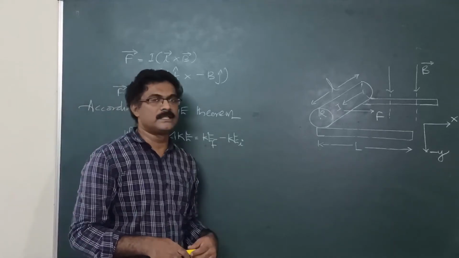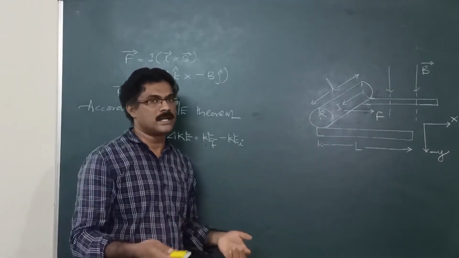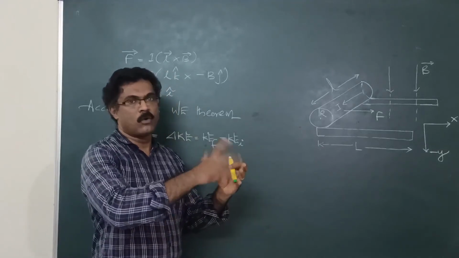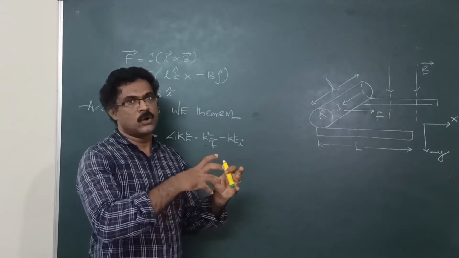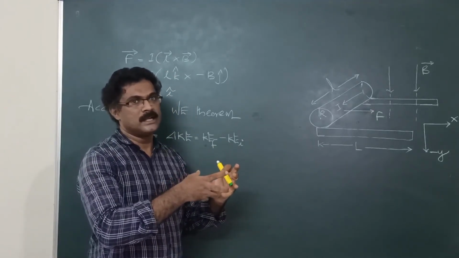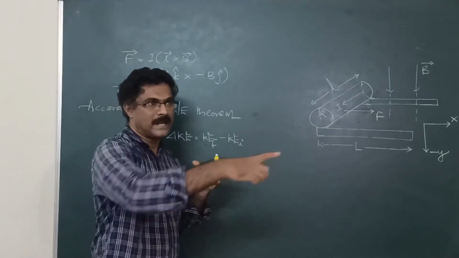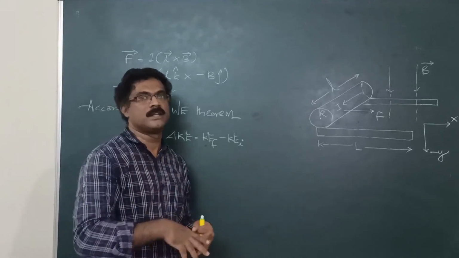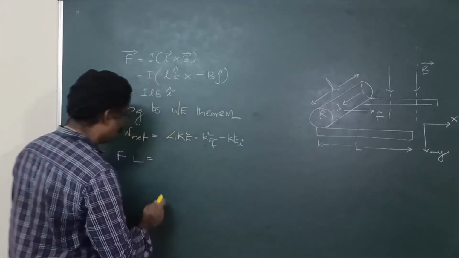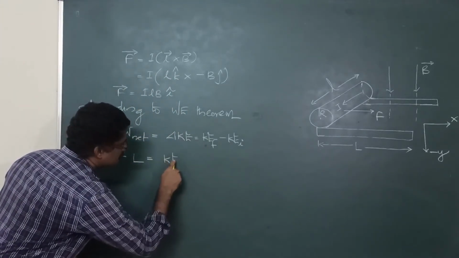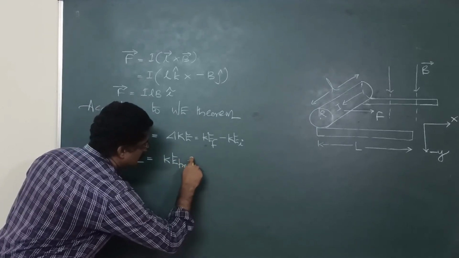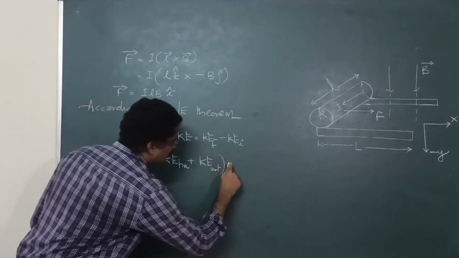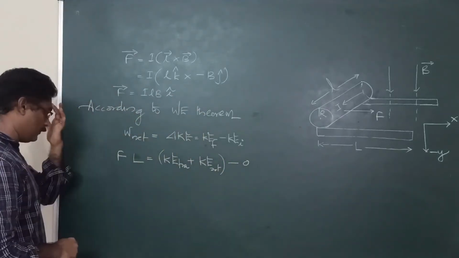What is the initial kinetic energy? Initially the rod is at rest, so initial kinetic energy is 0. What is the final kinetic energy? We know that it is in pure rolling motion, so the final kinetic energy is the total kinetic energy due to translation and rotation, because rolling motion is a combination of translation and rotation. So the final kinetic energy is the kinetic energy of translation plus kinetic energy of rotation, minus initial kinetic energy, which is 0.